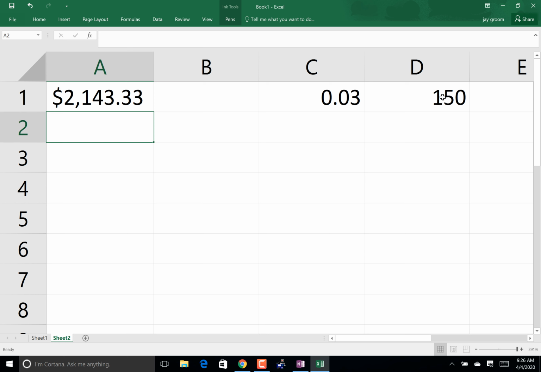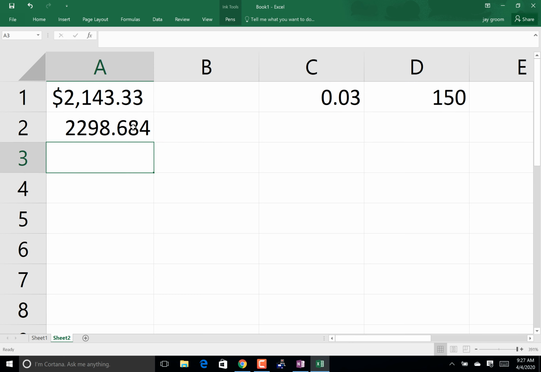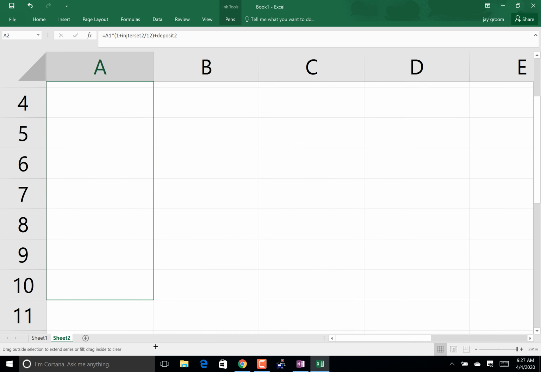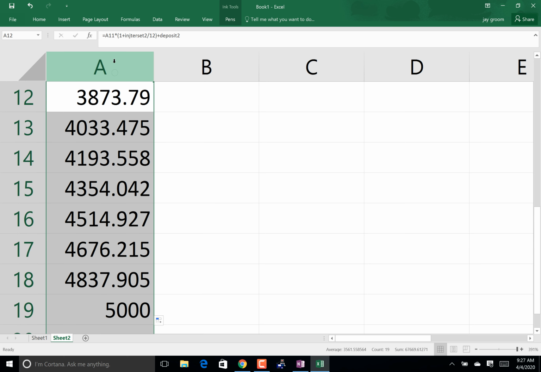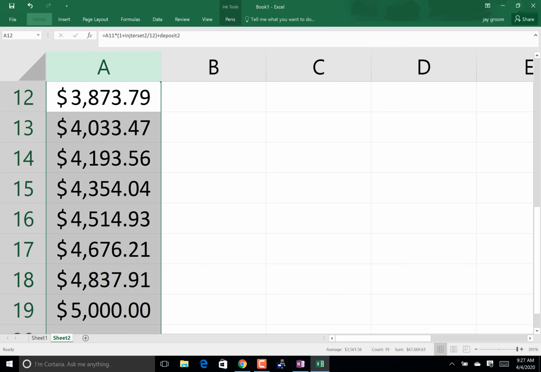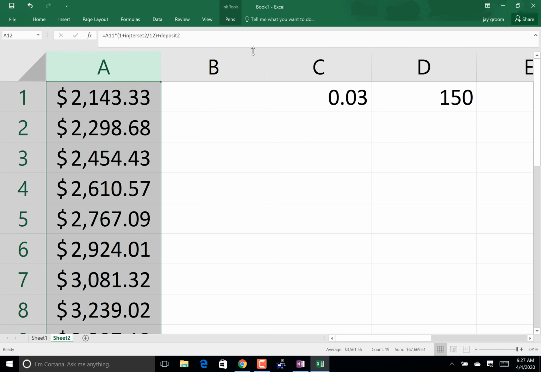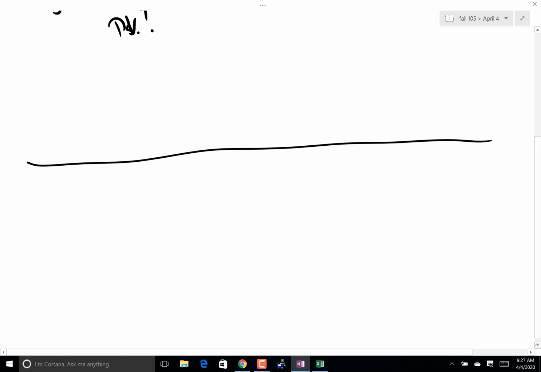So I need to have that much to start with. So that guy times parentheses 1 plus this divided by 12 plus payment. 18 months, finish on 19. Done. Perfect. It's like I know what I'm doing. It's weird. All right, nice. So I know I'm right. Again, I know I'm right on these problems because, obviously it matches with what it's supposed to be.